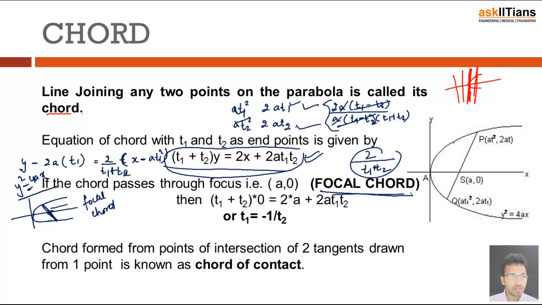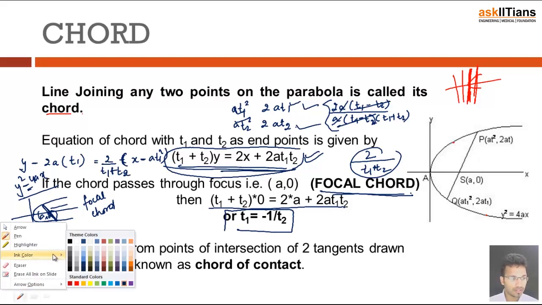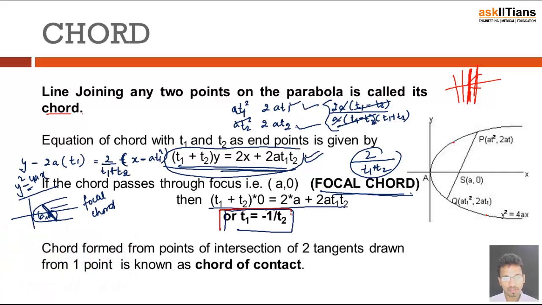We know that the focus lies at a comma 0, so this will clearly be passing through a comma 0 if it's a focal chord. When you substitute the values, this is the condition. I'll highlight it in some other color so that you can remember it for your reference.